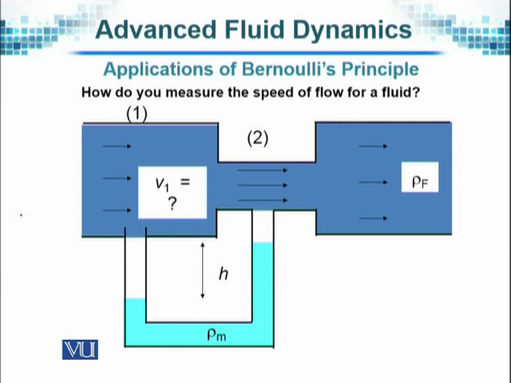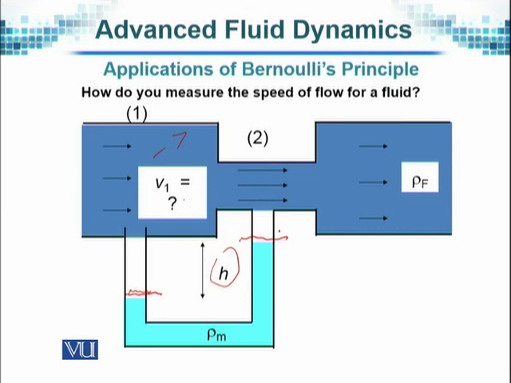So the terminology here: V1 is the velocity of the fluid that is denoted here. H is the difference in the water levels. You can see here it is reflected from this surface to this surface. If it changes, it will change.